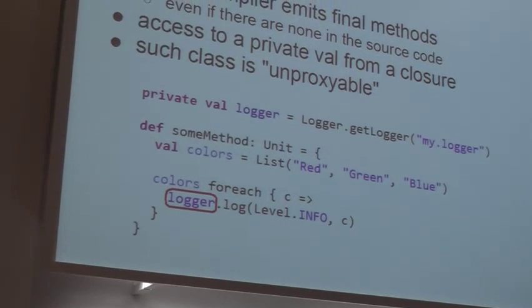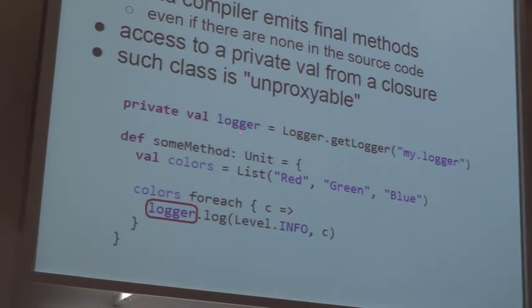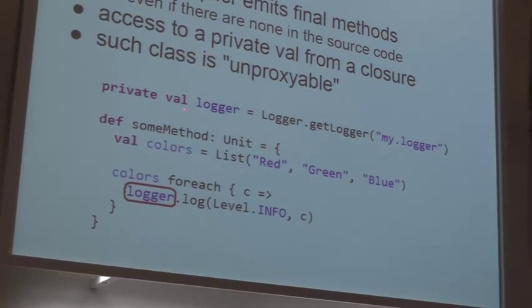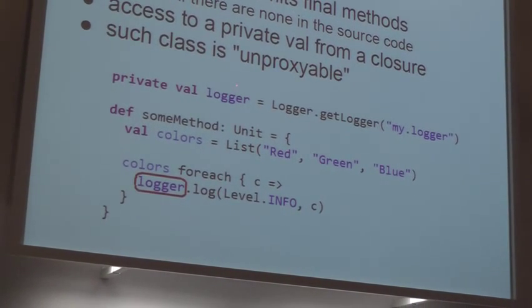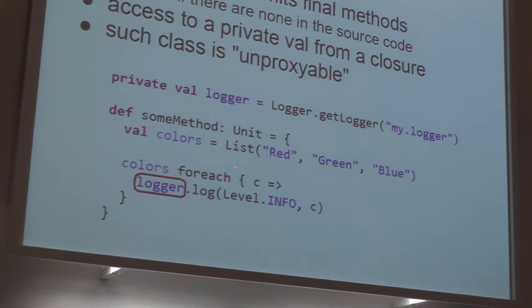So one example of this is if you have a val or basically a field in your class, and you use it later in a closure. In the generated bytecode for this, you would have a private final method for this, basically an accessor for this field that would be used in this closure, and that would make the class unproxiable, or could not be used in the CDI as a proxiable dependency.